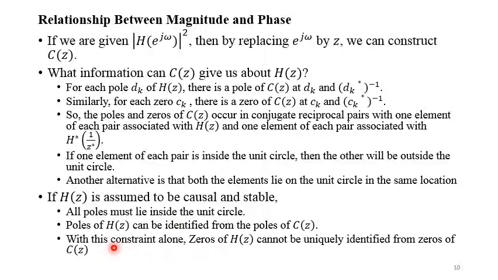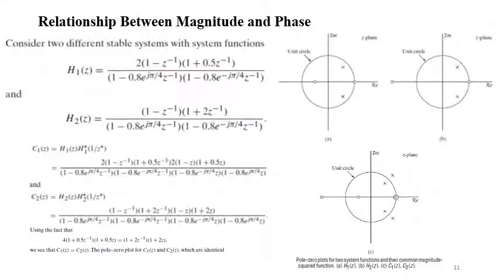Now, the poles of H(z) can be identified from the poles of C(z). But with this constraint alone, the zeros of H(z) cannot be uniquely identified from the zeros of C(z). As we have discussed, causality and stability can help in finding the poles of H(z), but we cannot find the locations of the zeros.